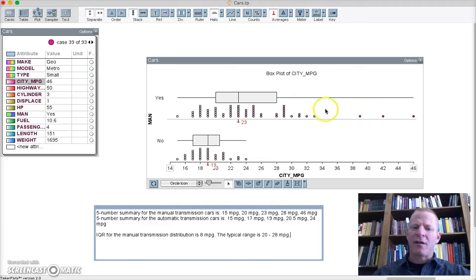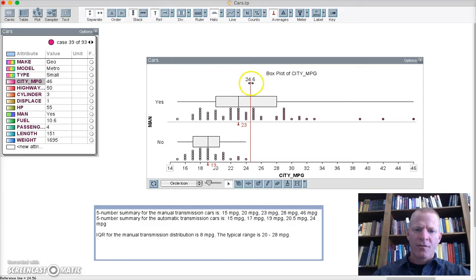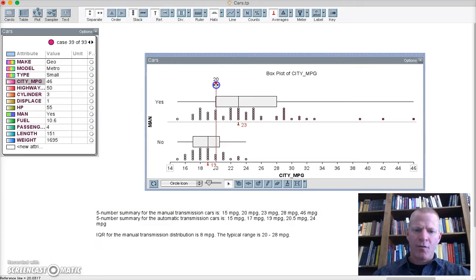Not quite, because there is a little bit of overlap right here. You can see that overlap right here. So you can't quite make that claim, but it sure is a lot of the, certainly over 50% of these cars get less good mileage than 50% or more of these cars. So the box plot is actually telling us quite a bit without even having to look at all the dots.